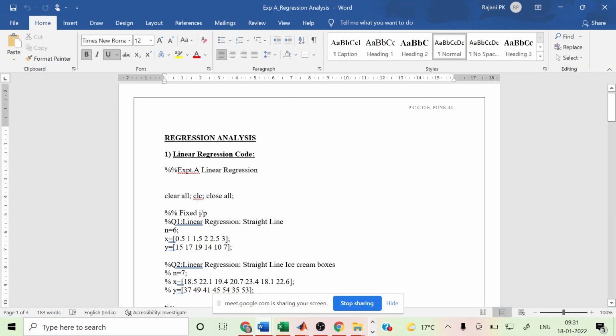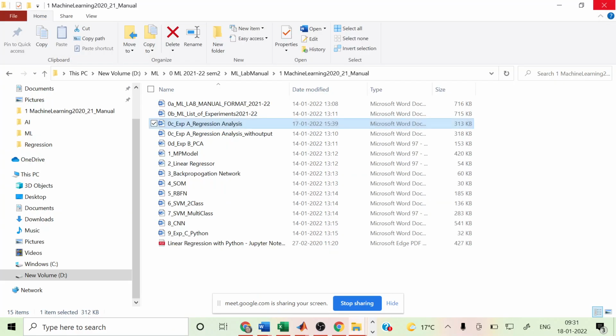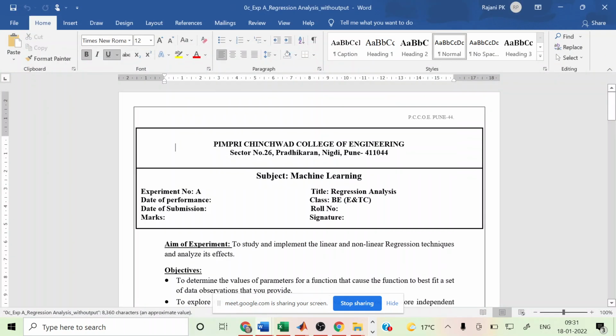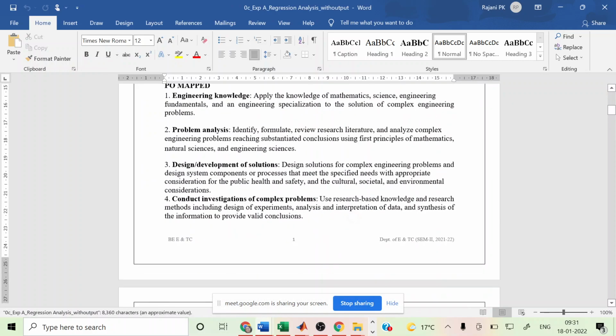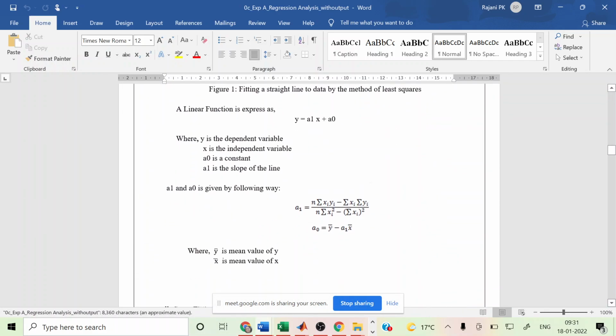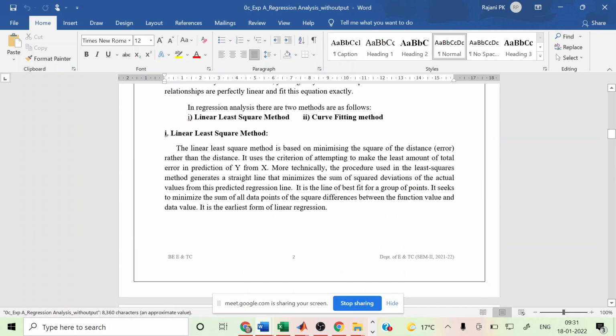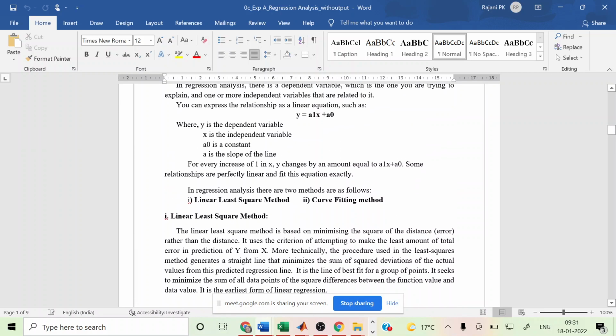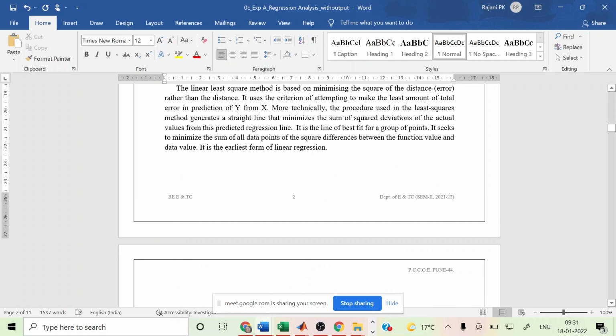So this is what I was discussing with you. In the least square method, we are minimizing the error by squaring it.